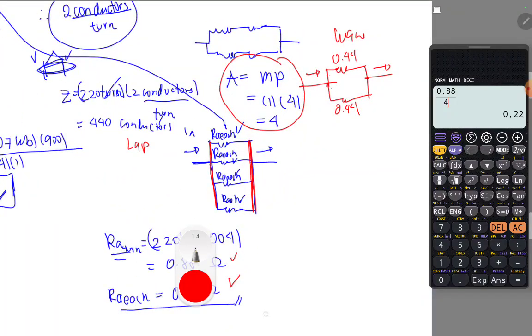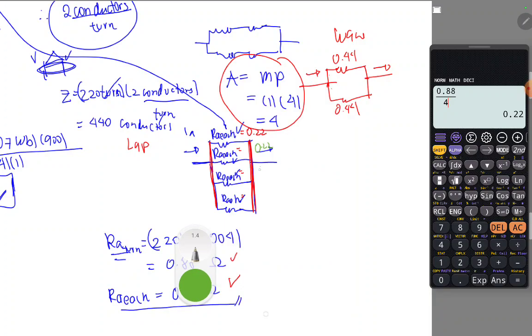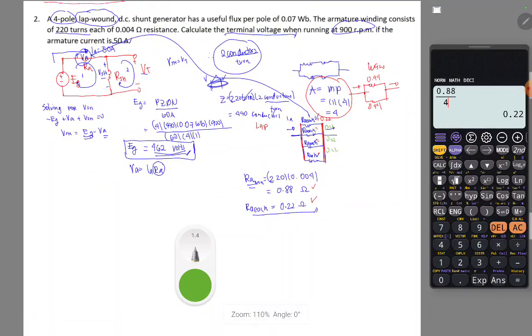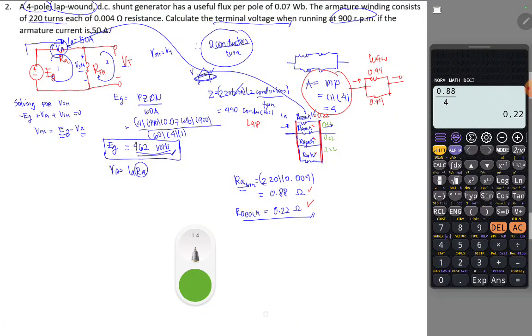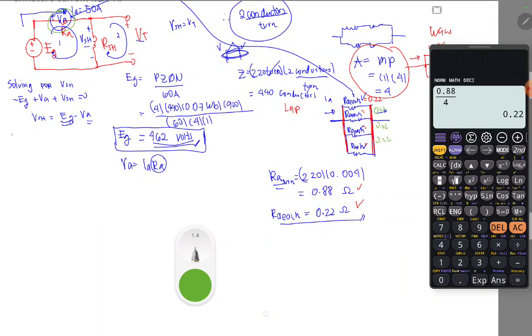Now from that, you would notice that the 0.22 ohm resistances are all connected in parallel, and the connection of these 4 would be simplified into RA, the RA total.